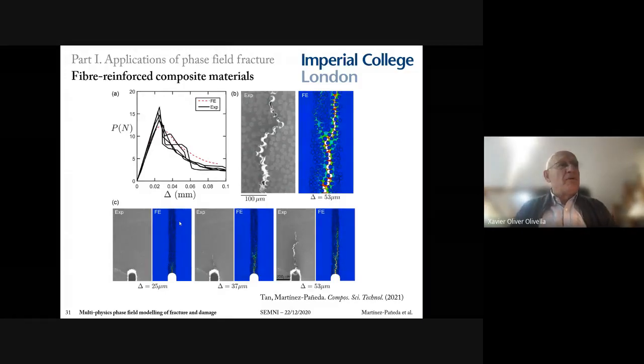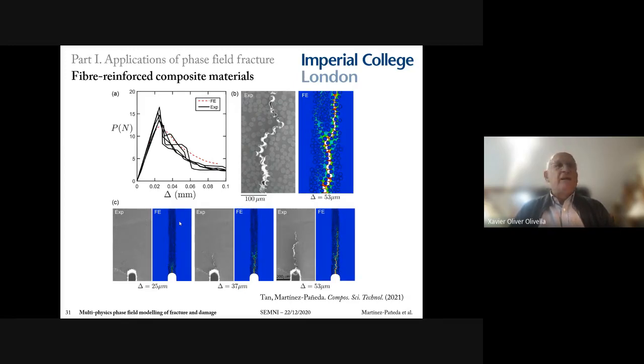But there are other problems also interesting in computational mechanics, in engineering, where the relevant thing is not the discontinuity in displacements and velocities, but the discontinuity in gradients of displacement and velocity.